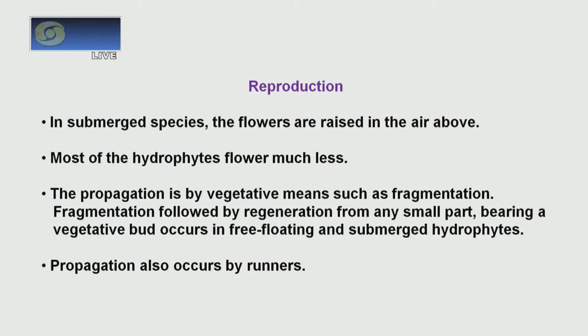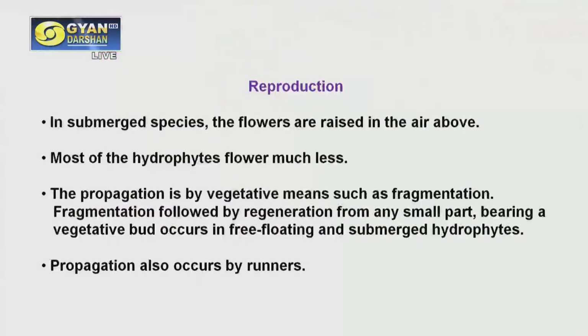Reproduction. In submerged species, the flowers are raised in the air above. Most of the hydrophytes flower much less. You don't find sexual reproduction in hydrophytes very much. Mostly it's by vegetative reproduction, and the vegetative reproduction occurs by fragmentation, that is fragmentation followed by regeneration.